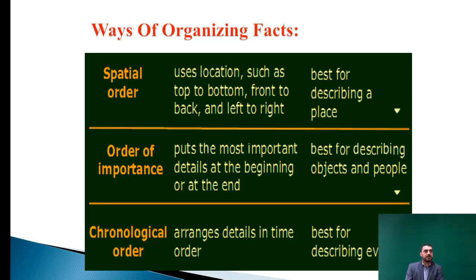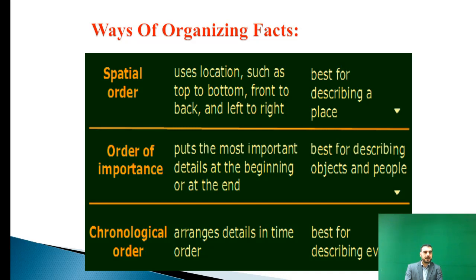In this slide, I'm going to describe ways of organizing facts because it is connected to the last element, which is careful organization of ideas. As mentioned in the last slide, we have to use chronological order, arranging details in time order, and it is suitable for describing events.